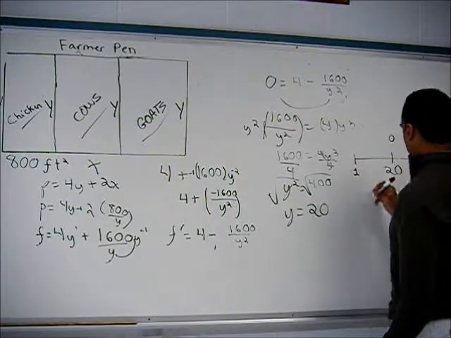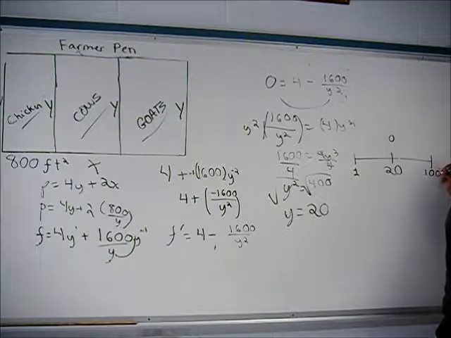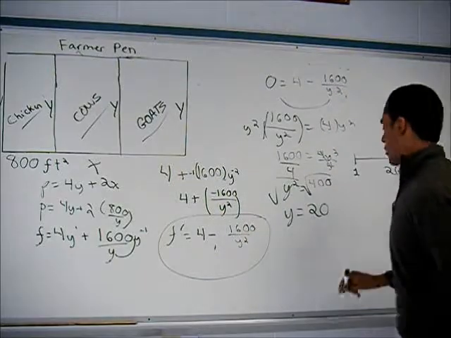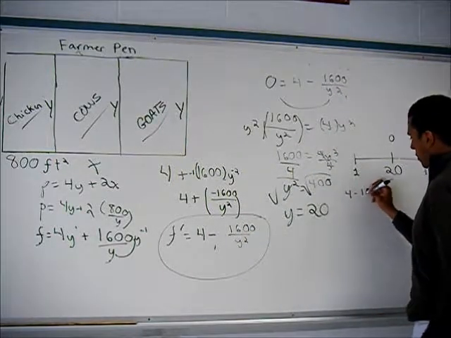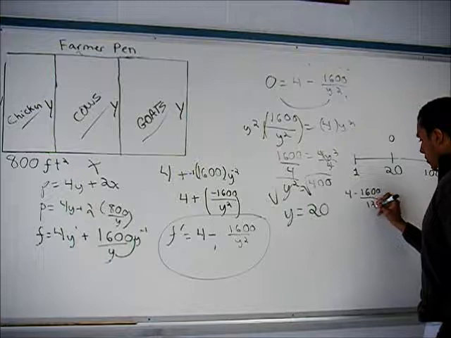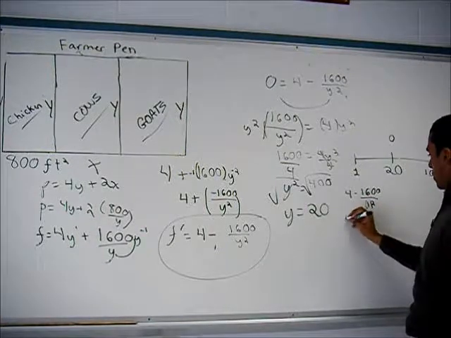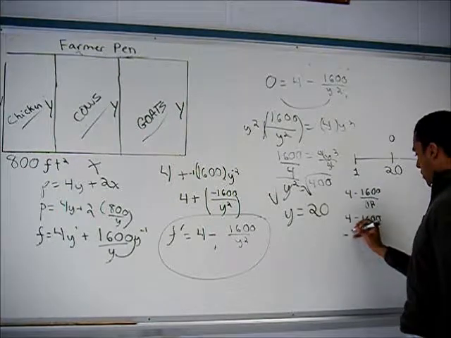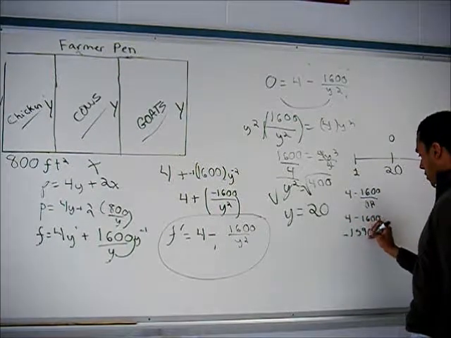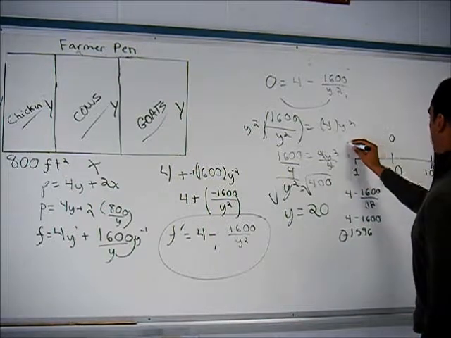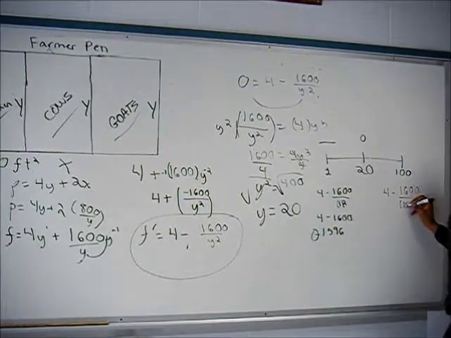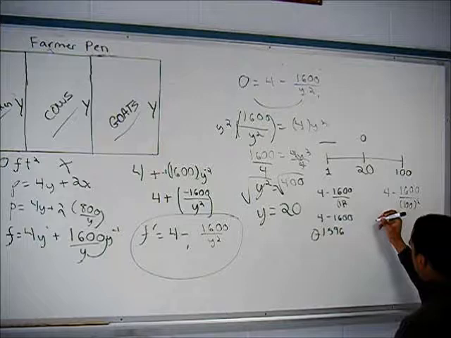Take a number like 1 and 100. Good choice. But take the derivative. So 4 minus 1600 over 1 squared. Well, it's definitely going to be 4 minus 1600, negative big time. Doesn't even matter what it is. So some negative value, and pick something on the other side, like 10, you put in. 100 there.